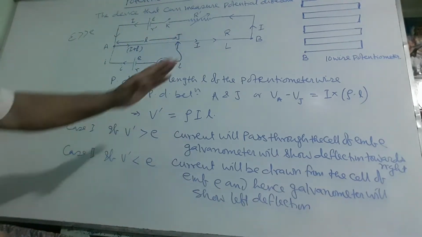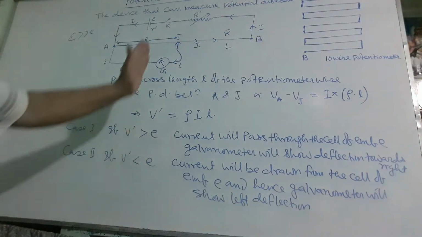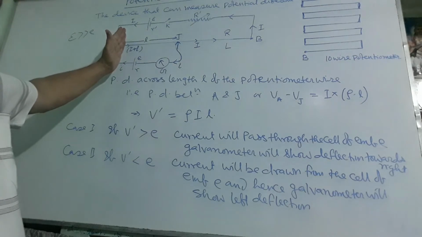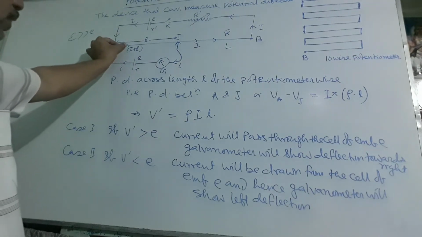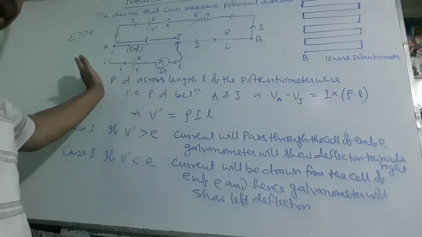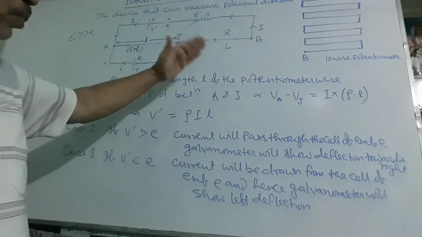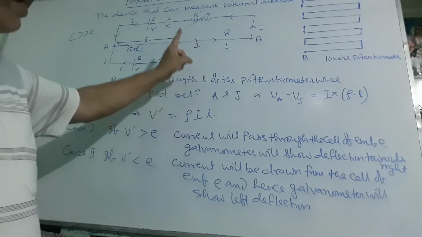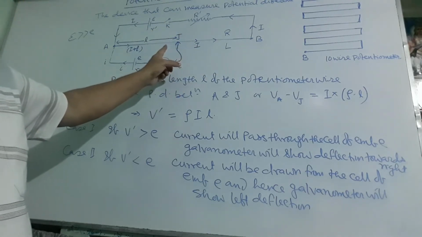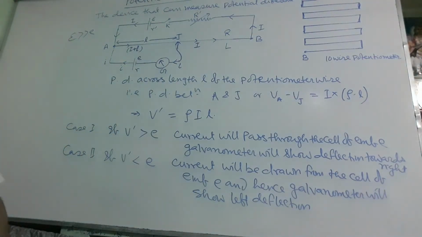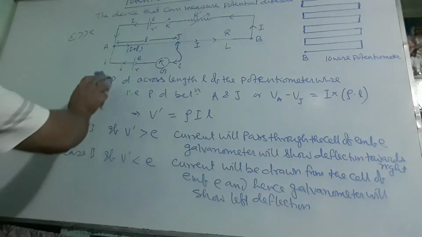That is, if you keep the jockey moving, when it is very close, naturally this potential difference will become less, so you will get left side deflection. You keep on moving very far, the galvanometer will show right deflection. There will be only one point where the galvanometer will show no deflection, and we always have to find that place only. So in the third case, what will happen?